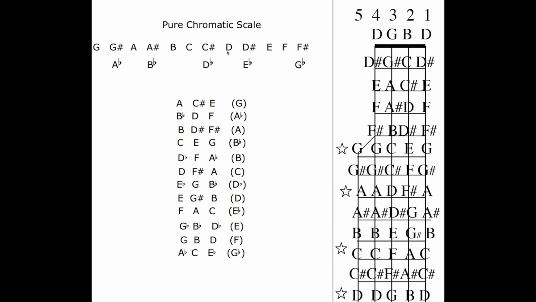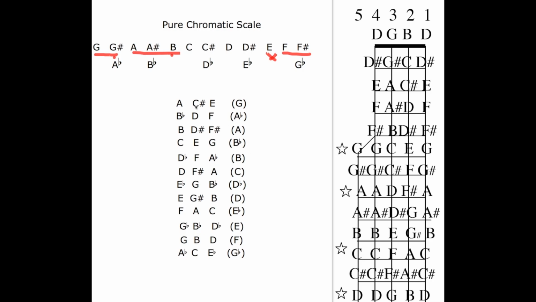If we do a D chord, D is X plus 1, 2, 3, 4, cycling back, plus 1, 2, 3. D, F sharp, and A make a D chord. If we do an E chord, E is X plus 1, 2, 3, 4, plus 1, 2, 3.